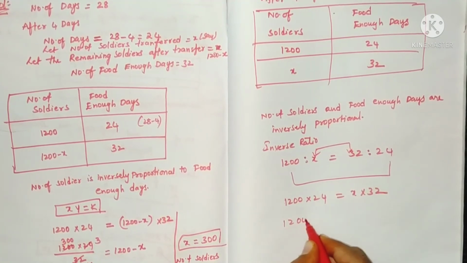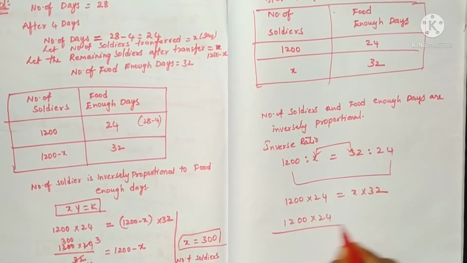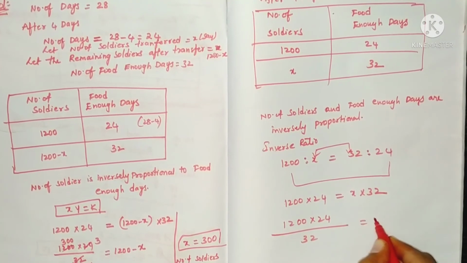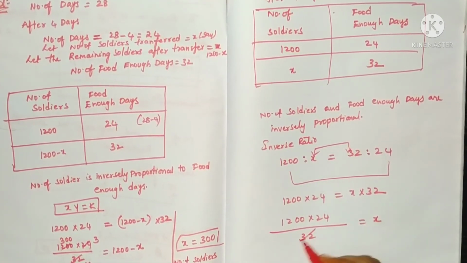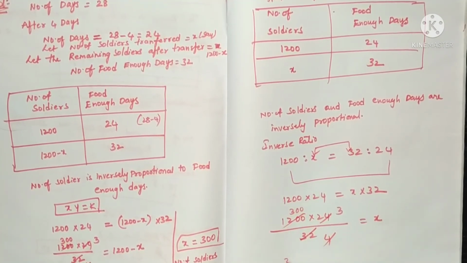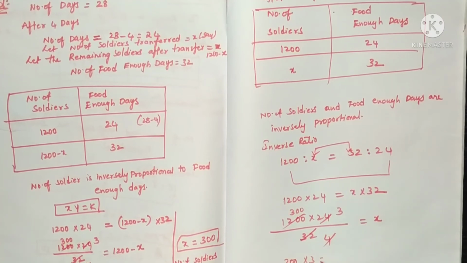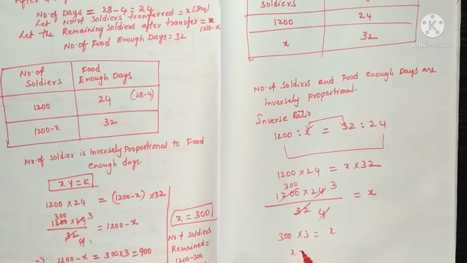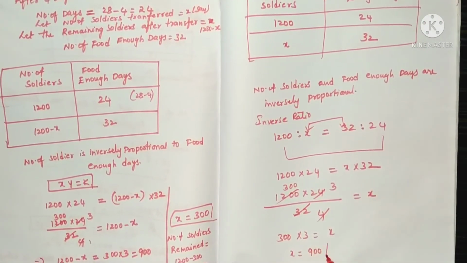So 1200 into 24 by 32 is equal to x. 8 4s are 32, 8 3s are 24, 4 1s, 4 300s. So 300 into 3 is equal to x. x is equal to 900.